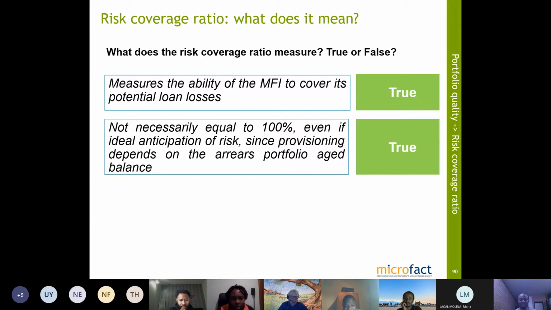In general, the microfinance industry, let's say, is around 80–90%. Some have lower, and this might be a question. Because how can you, and you can type it or you can raise your hand if you know the answer, how can you protect yourself also against potential losses?